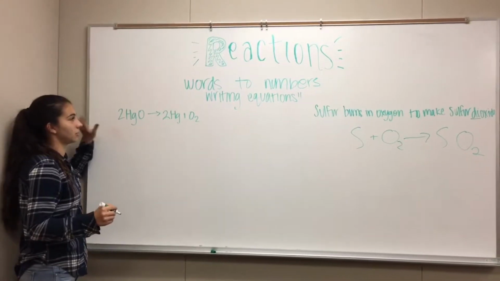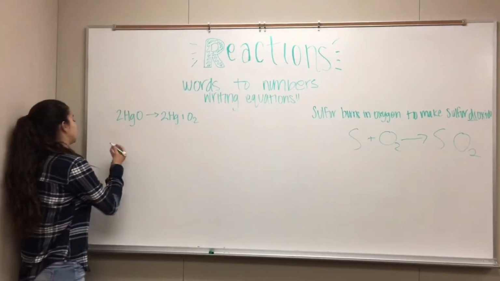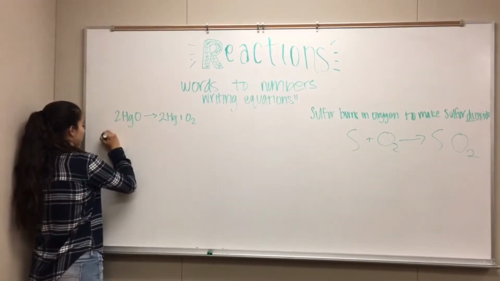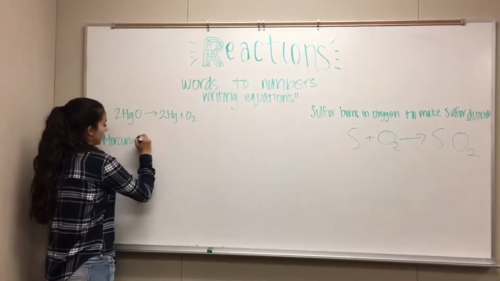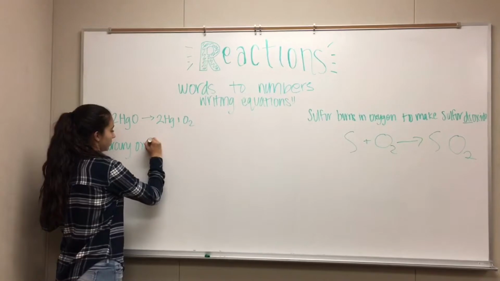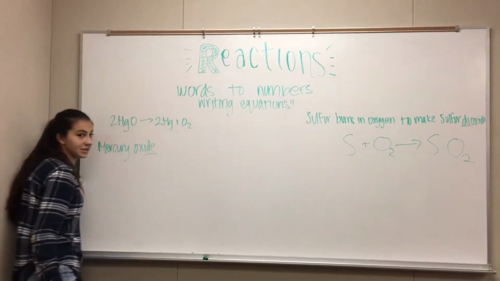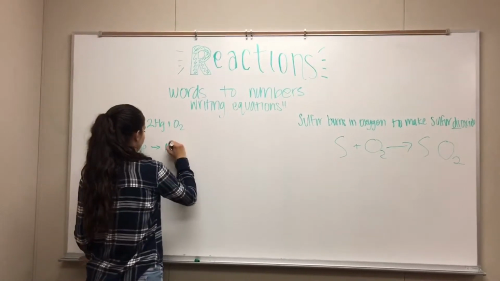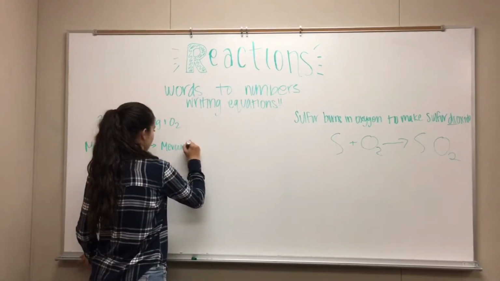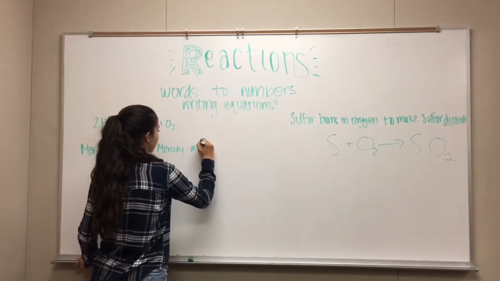To go from the number equation to the words equation, you write mercury oxide, because when they're combined you add IDE at the end, to make mercury and oxygen.